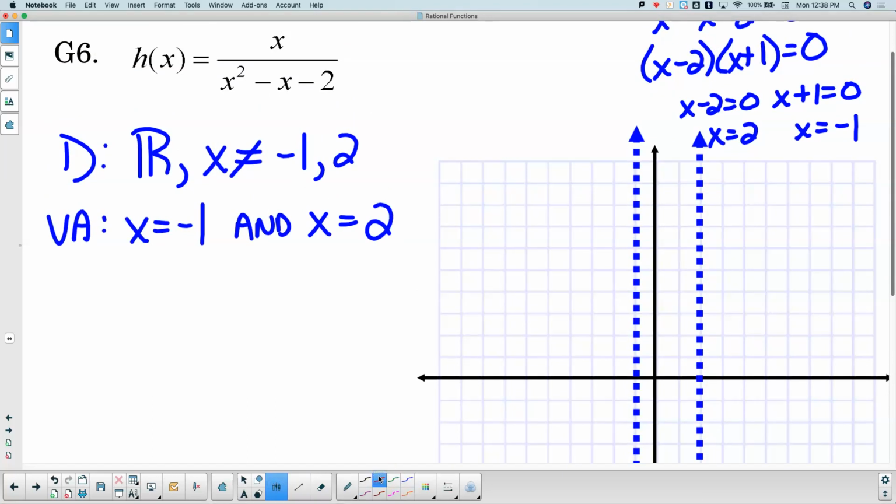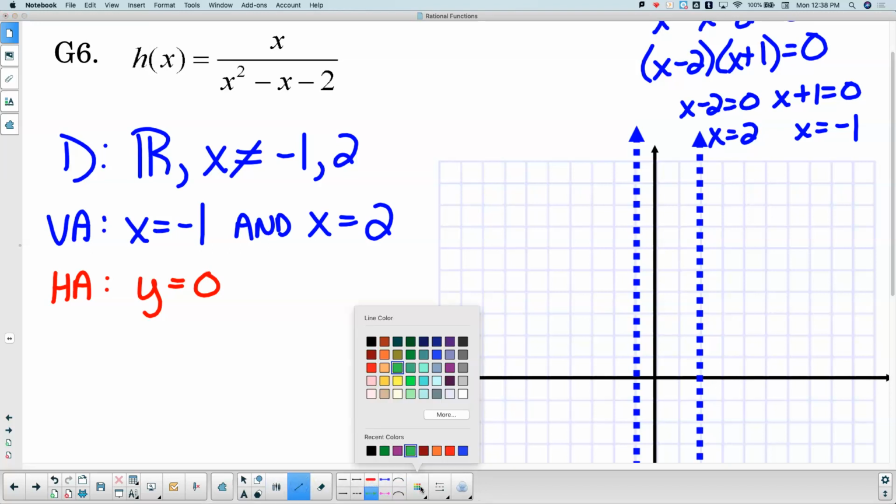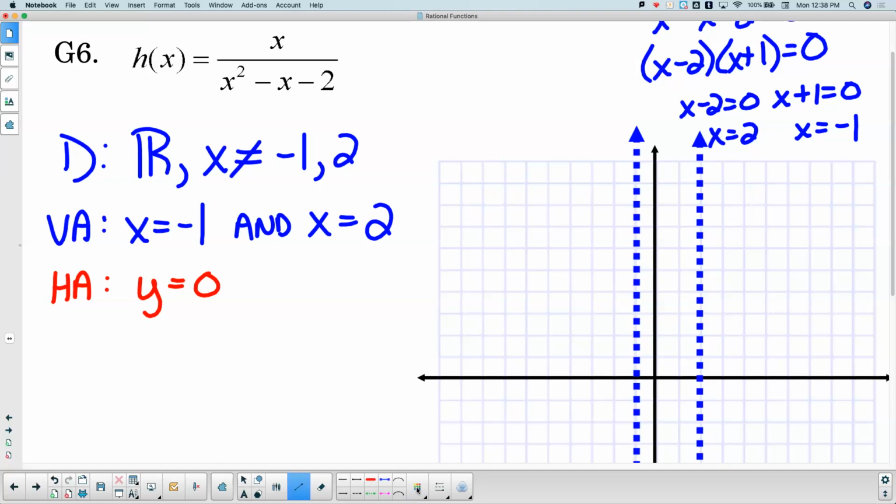Degree of the top is 1, degree of the bottom is 2, so that gives me a horizontal asymptote of y equals 0. Agree?